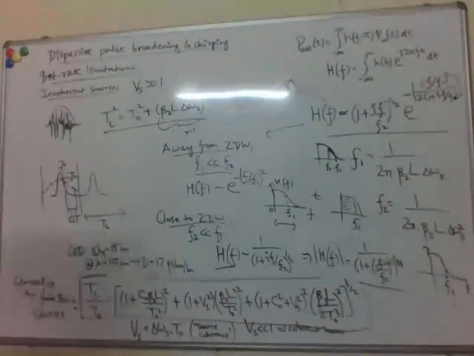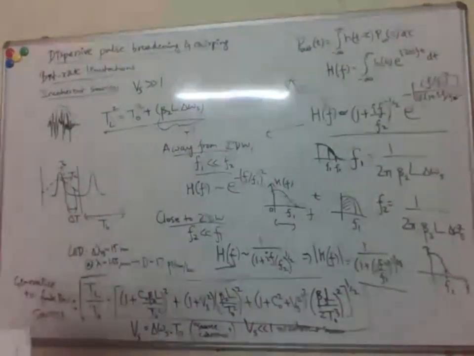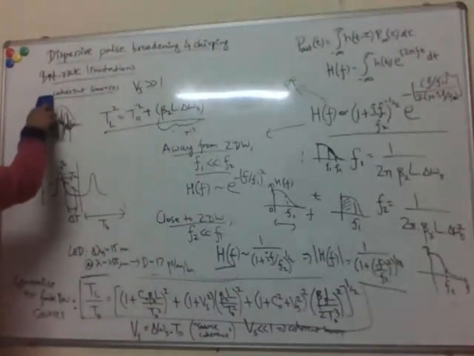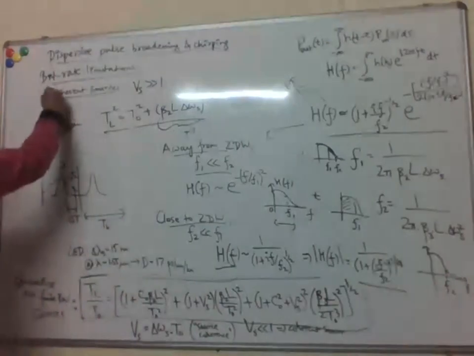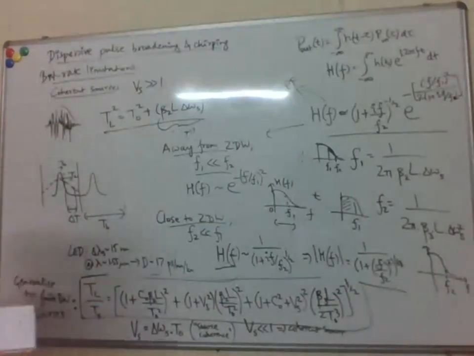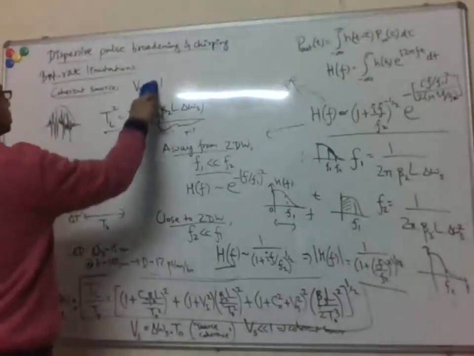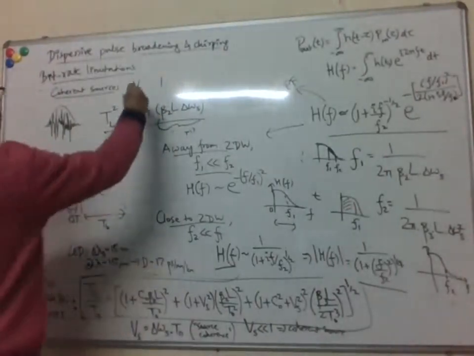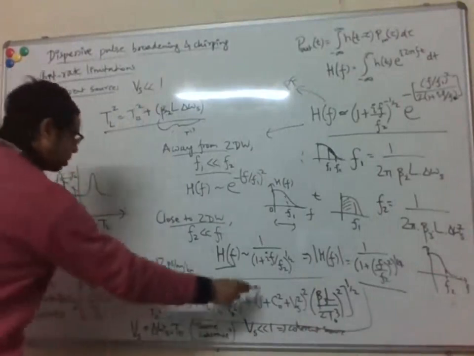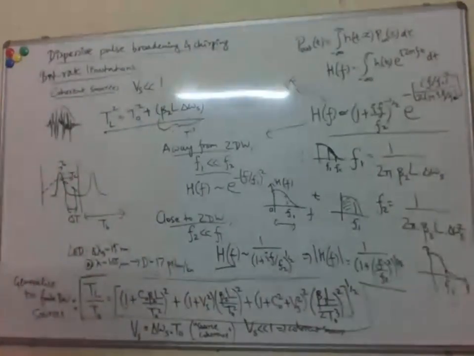Okay, now we can look at the other limit where the sources are coherent. So this is much less than 1 in this formula here, the general formula.